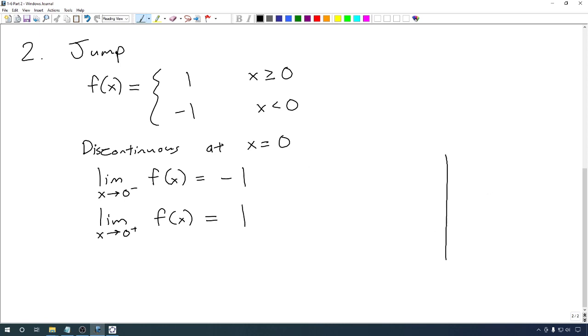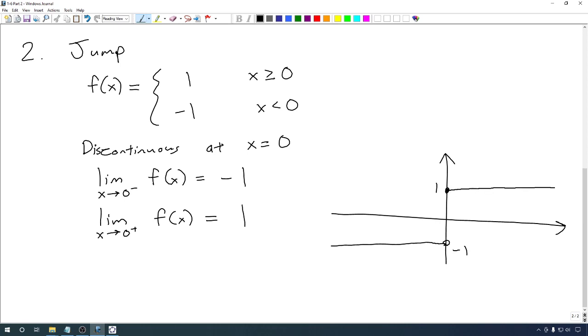Essentially, our function is coming in at negative 1 down here. Then when it reaches 0, it has to suddenly jump up to 1. That's what we mean by a jump discontinuity.